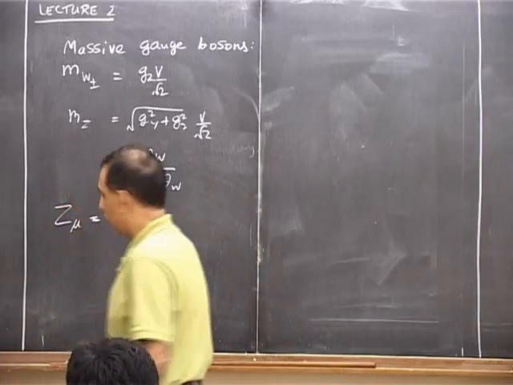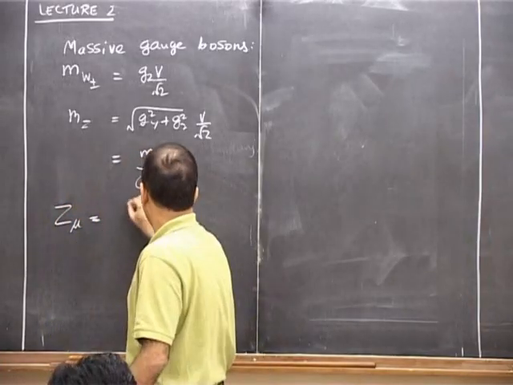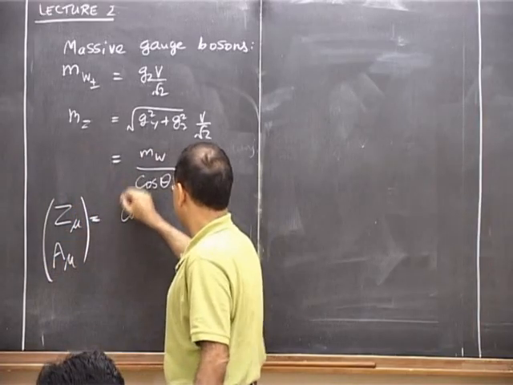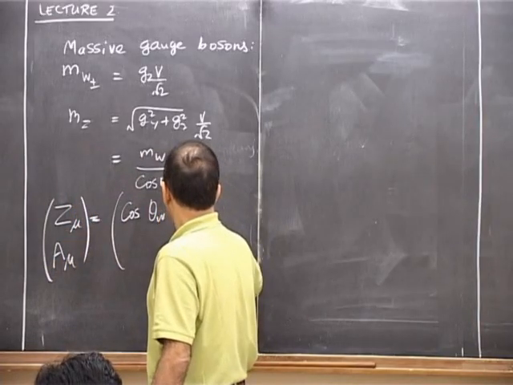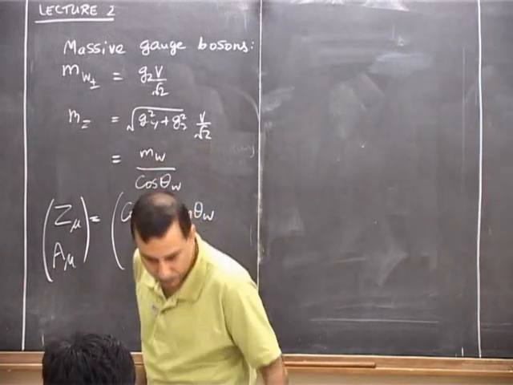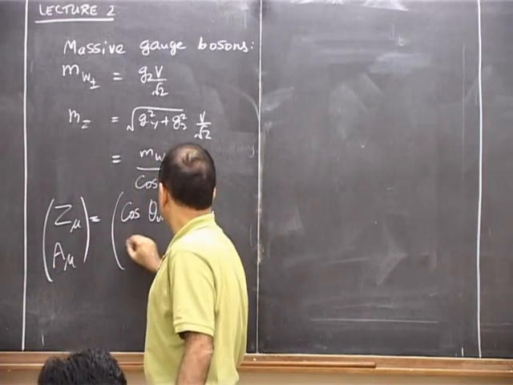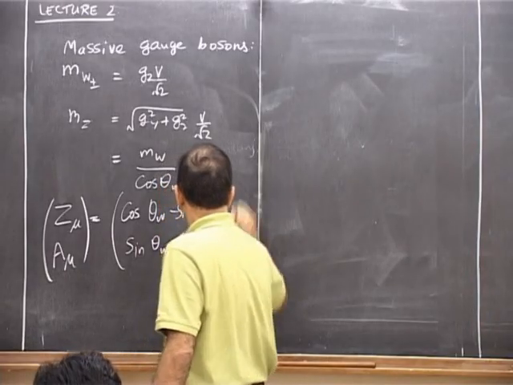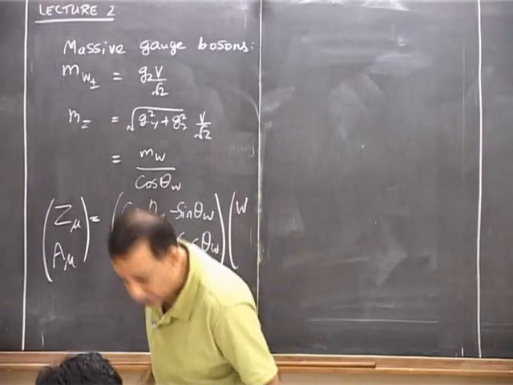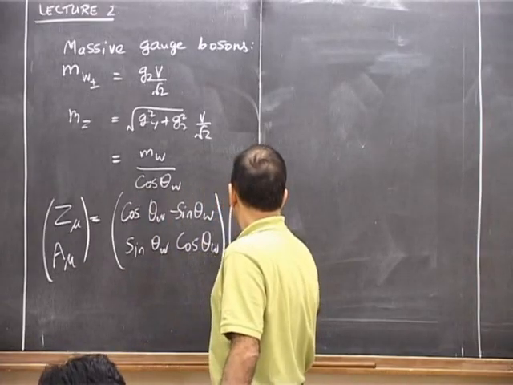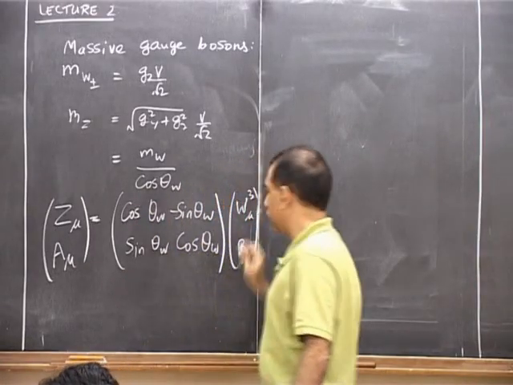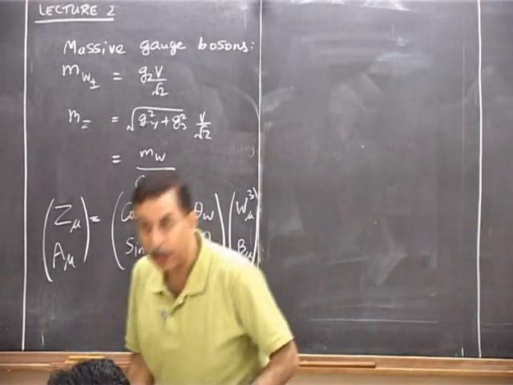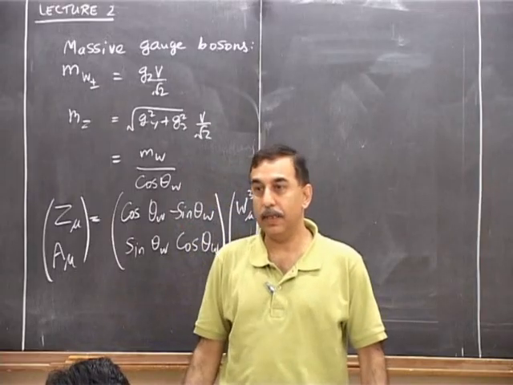So Z mu and A mu as a 2-component vector is given by the matrix cos theta W, sin theta W; minus sin theta W, cos theta W acting on W mu 3 and B mu, the hypercharge field. Good. Okay. Now this is the point where we ended last time.